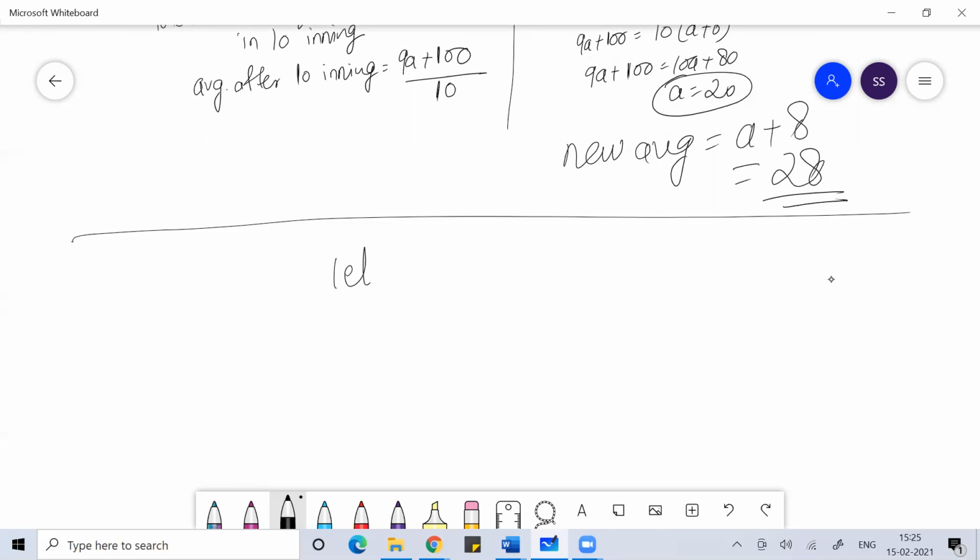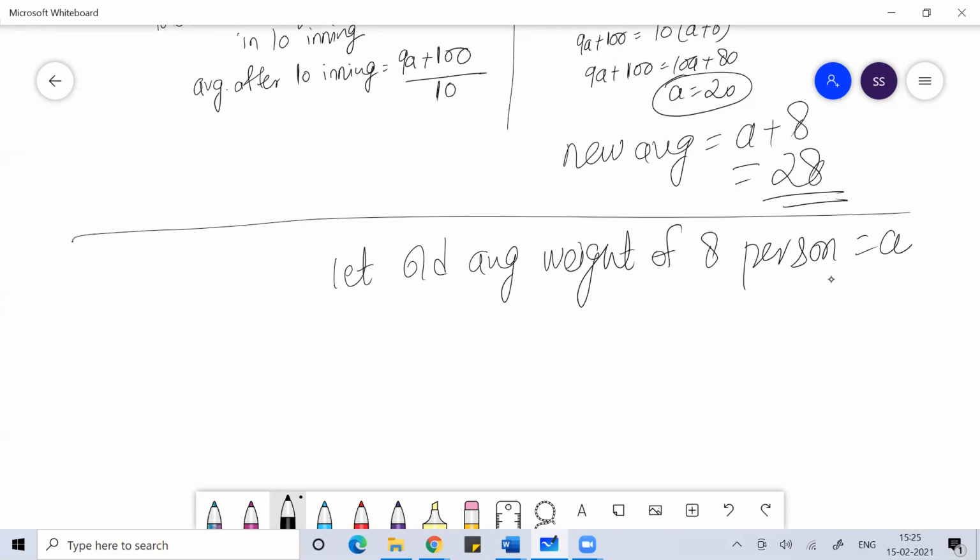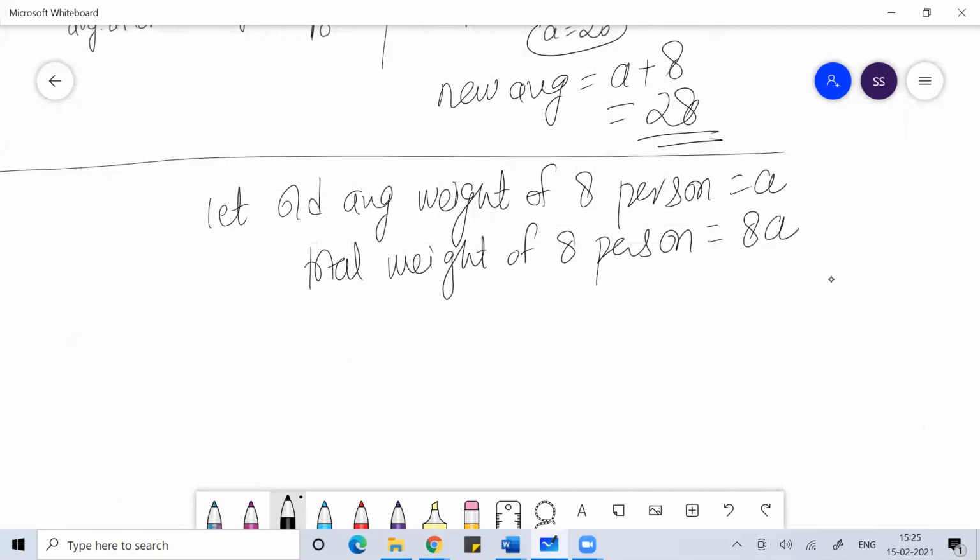Let the old average weight of the 8 persons be A. So the total weight of the 8 persons is equal to 8A. Then from this total weight, one person whose weight was 65 kg is replaced by a new person.